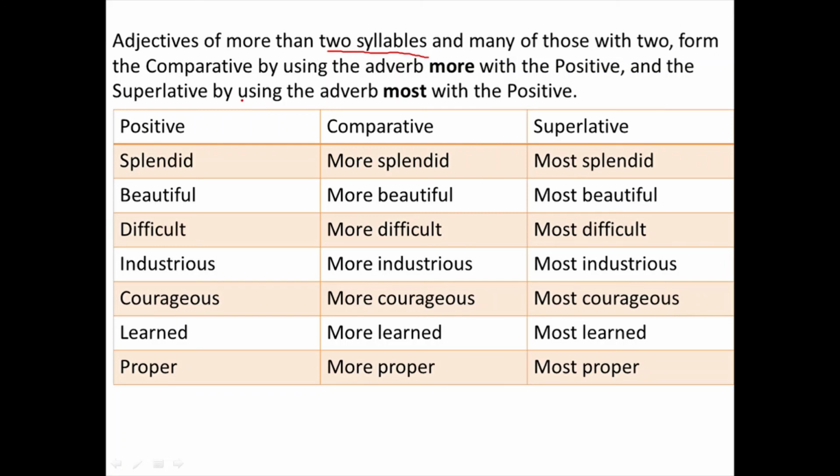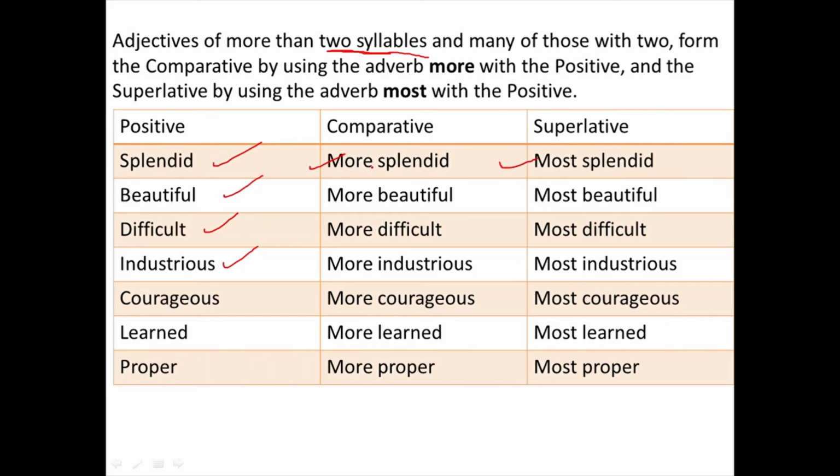Now for this rule, we are seeing that these are big words in a very simple language. Big words means they have more than two syllables. For such words, for making the comparative we add more, and for the superlative we add most.